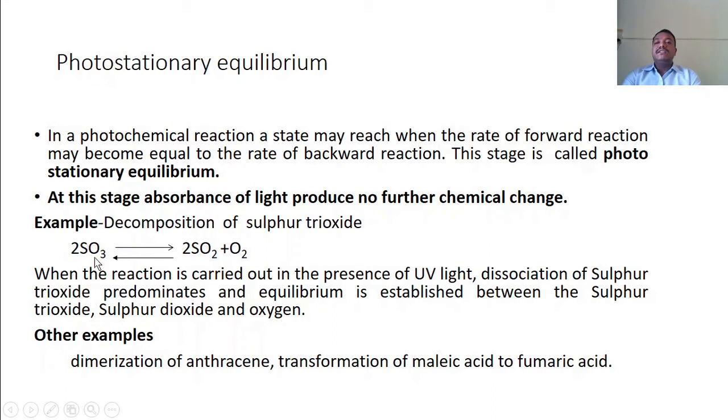At some stage, the rate of forward reaction and the rate of backward reaction become equal. This stage is called photostationary equilibrium. A few other examples of reactions which show photostationary equilibrium are dimerization of anthracene and transformation of maleic acid to fumaric acid.